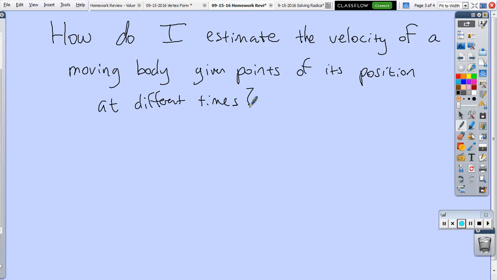And now let's take a look at 6, the weird one, we might say. I think for a lot of people this is when it gets kind of strange. We're given raw data and trying to answer this question here. Number 6 says that we are given some points of an object's position.